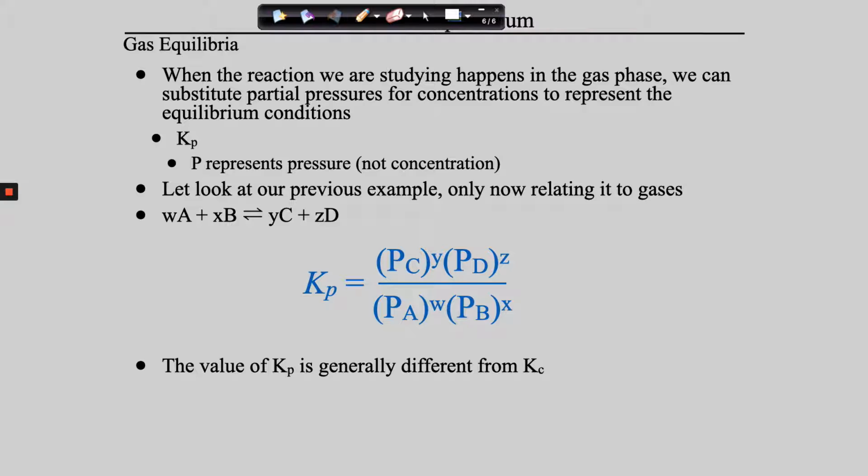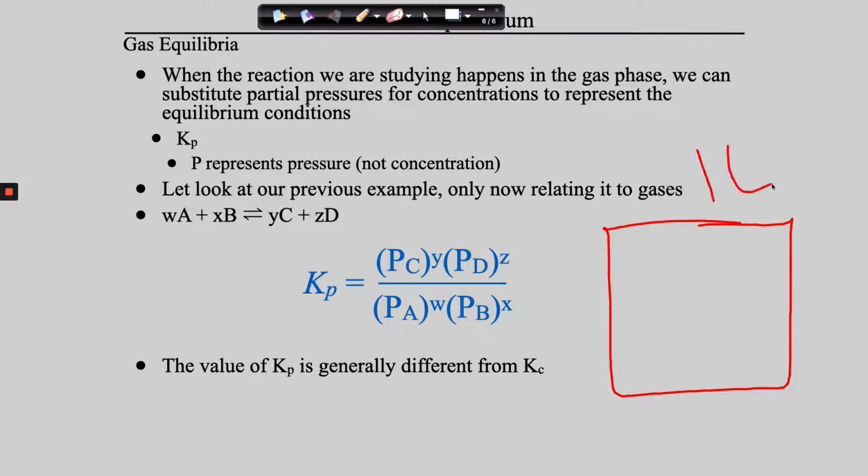Guys, it turns out that if you have a system at equilibrium, you can actually figure out the Kc for that system and the Kp for that same system. It's a little bit sneaky, but it turns out that what you can do is this. Imagine that we have a system that's in a 1-liter vessel, and we've got gas A, gas B, gas C, and gas D.